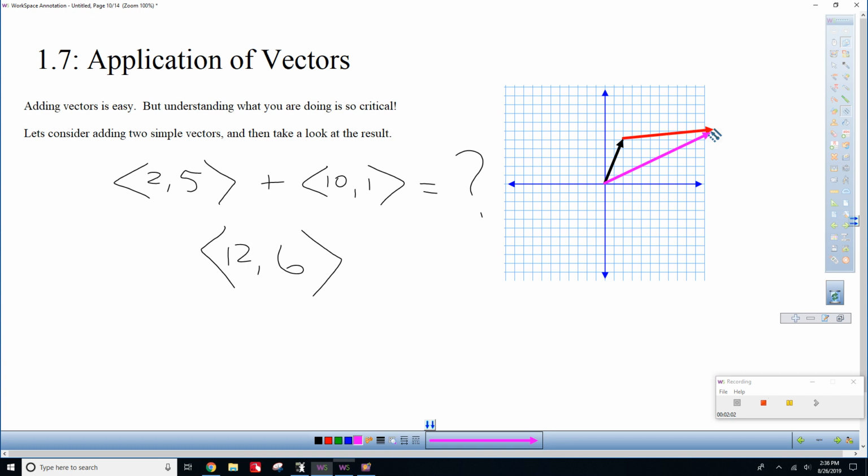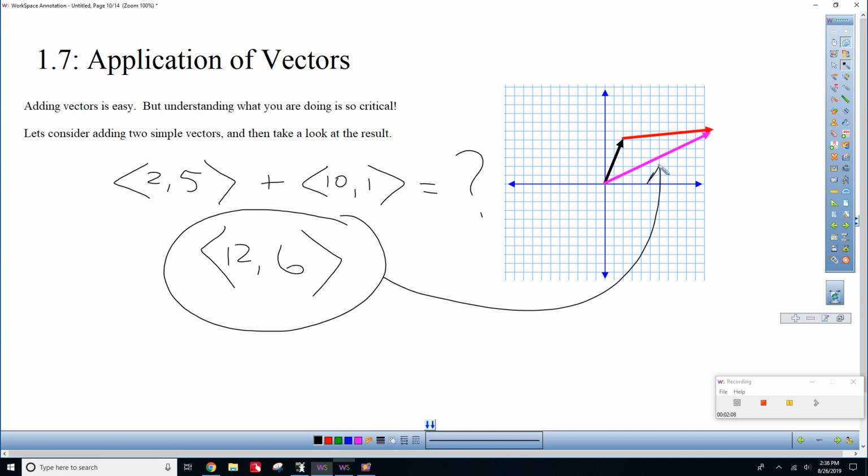So you can think of the answer as the diagonal of a parallelogram. If you thought about this shape like this, the answer to the question is a diagonal of the parallelogram.